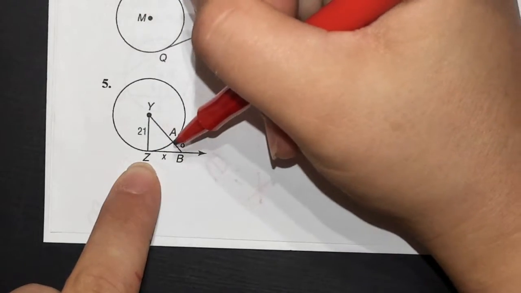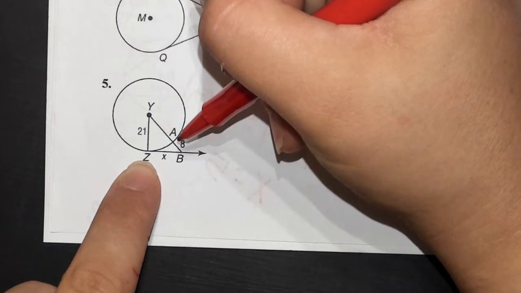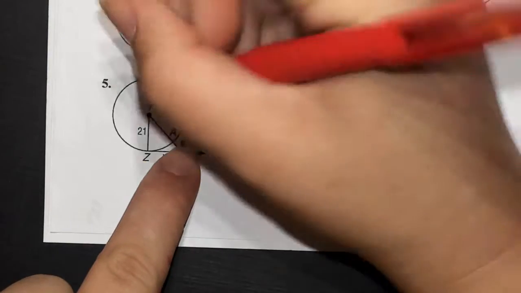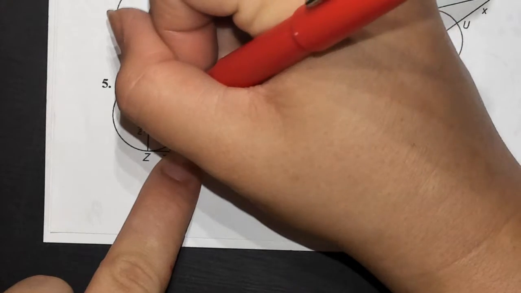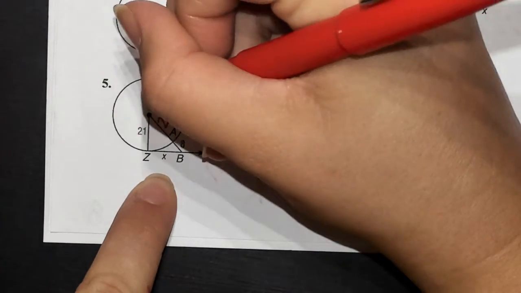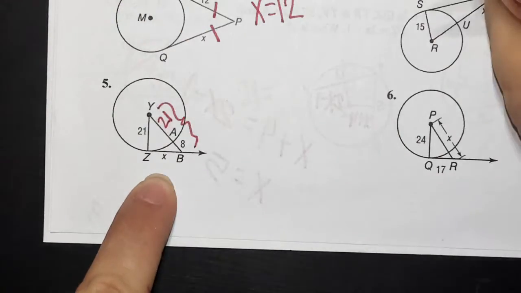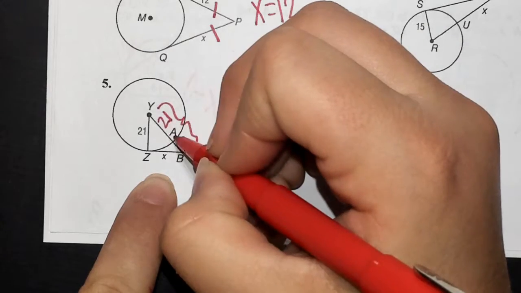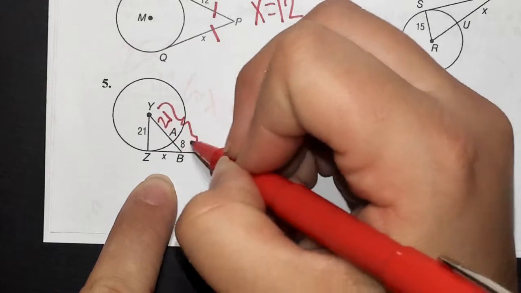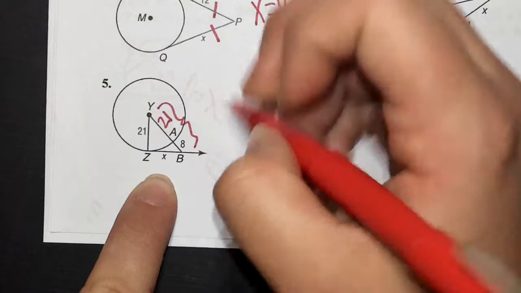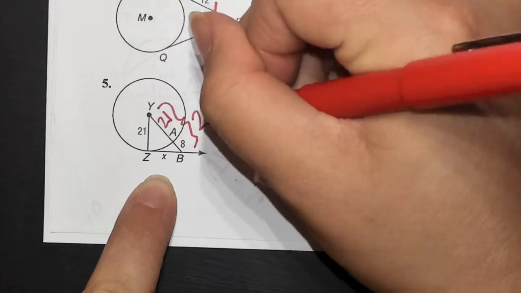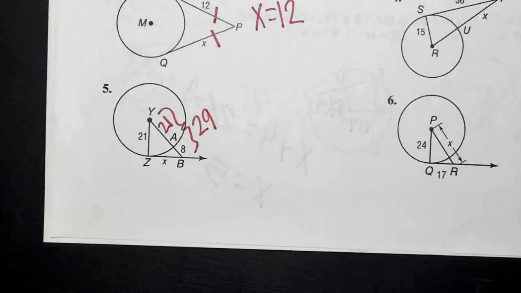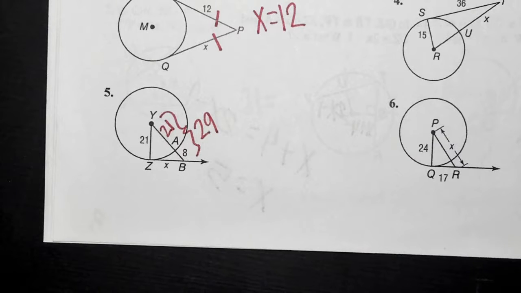Is y to a radius? Yes. So it's also 21. So in order to use the Pythagorean theorem, I need to know that that's a radius, so it's 21 plus 8, so this whole length of this side is actually 29. So finish up 4, 5, and 6.